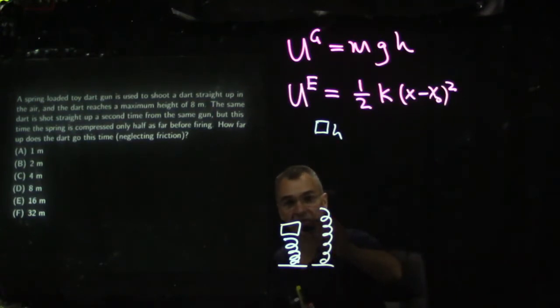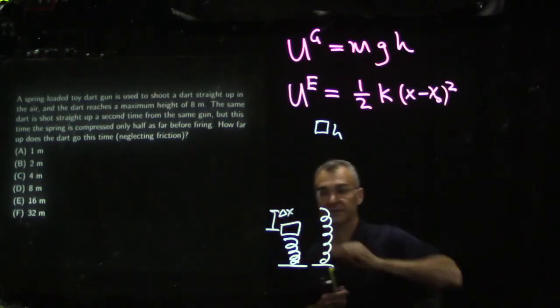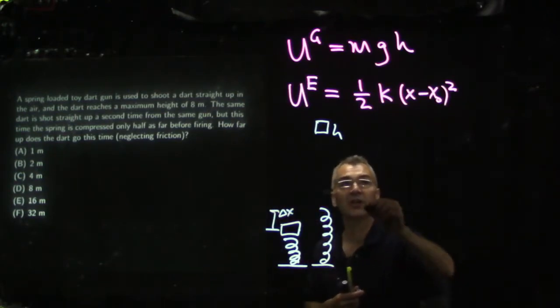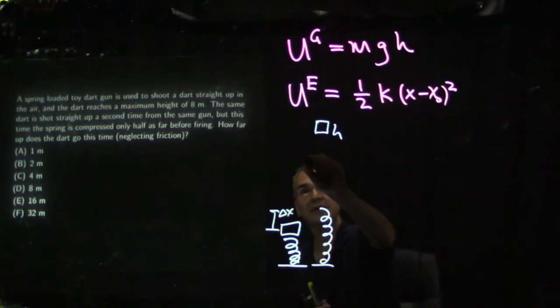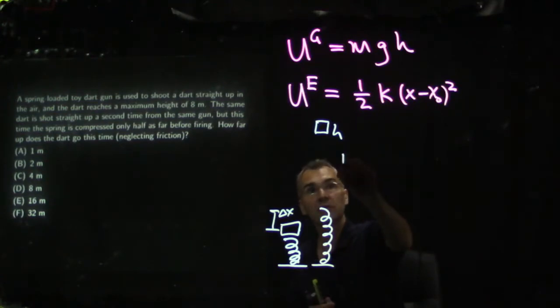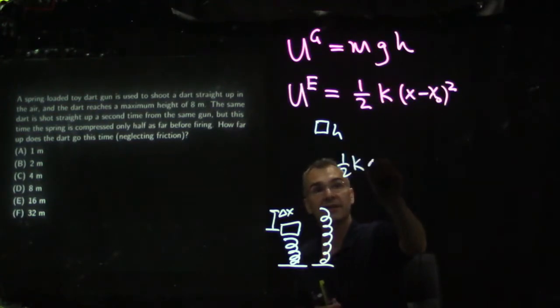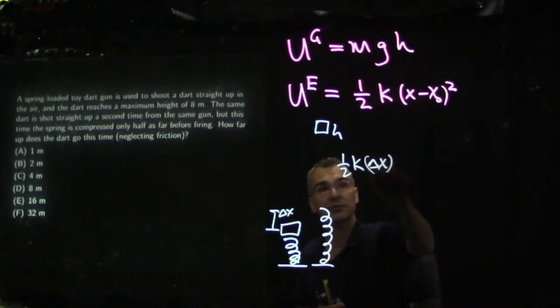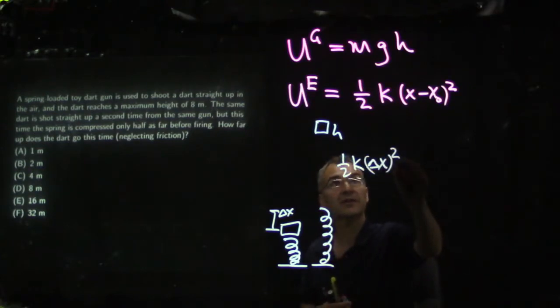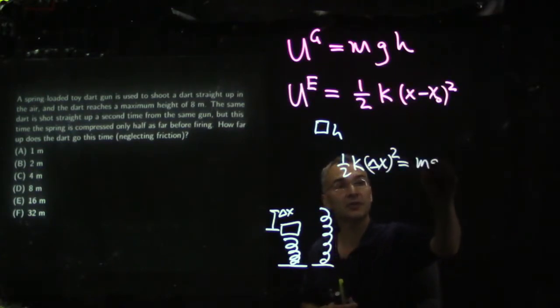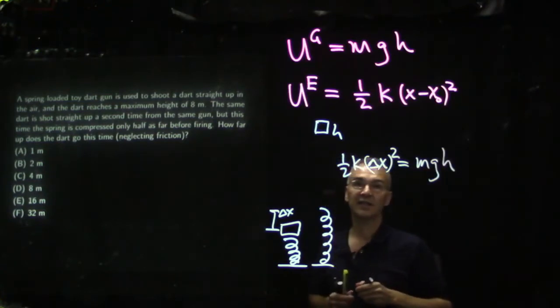And so this is sort of how far the spring is compressed. So it seems like we have 1/2 k times how far the spring is compressed squared has to be turned into mgh.